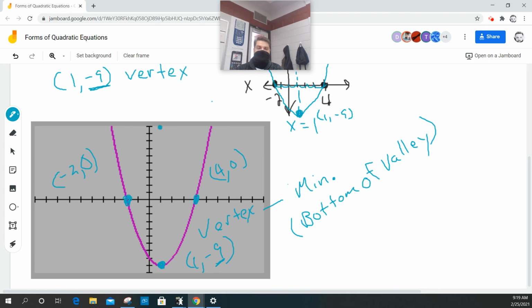And lastly, it doesn't ask for this, but we use this to find the answer. Our axis of symmetry was what? X equals 1. Because my vertex went through 1. Those two will always be the same. Okay?